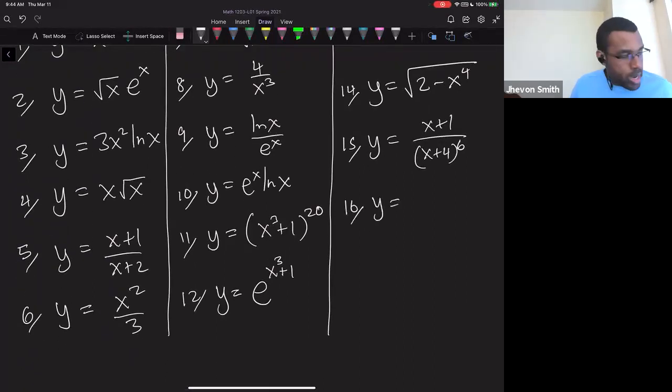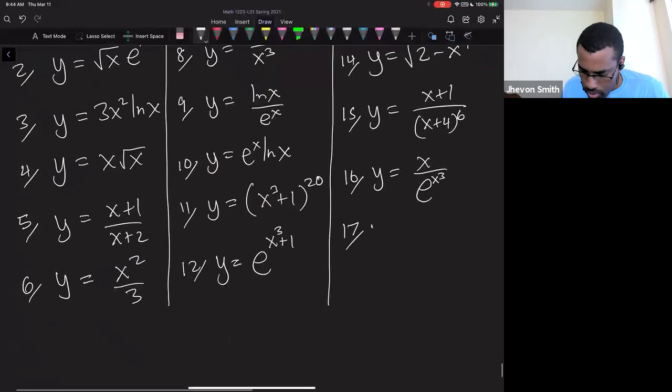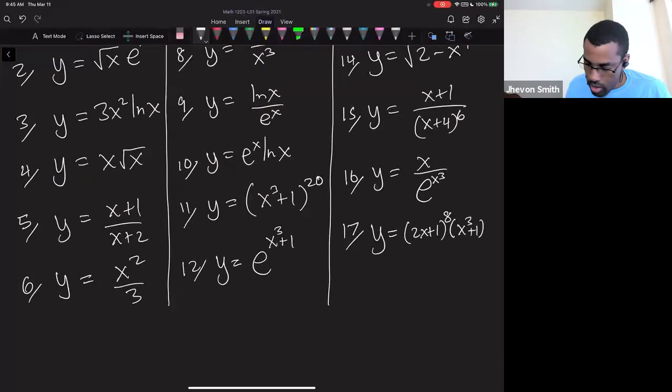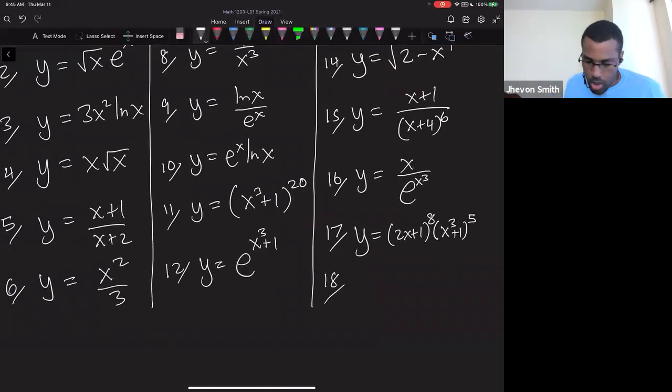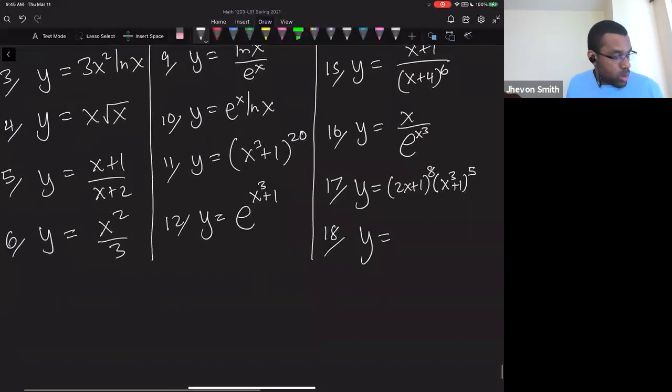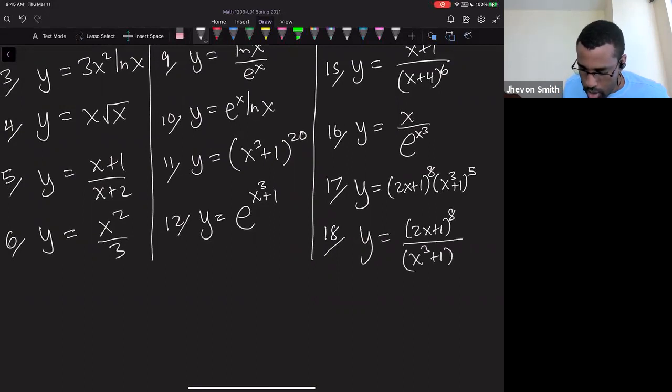16, y equals x over e to the x cubed. 17, y equals 2x plus 1 to the 8, x cubed plus 1 to the 5th. 18, y equals similar to that guy, but a division instead: 2x plus 1 to the 8 divided by x cubed plus 1 to the 5th.